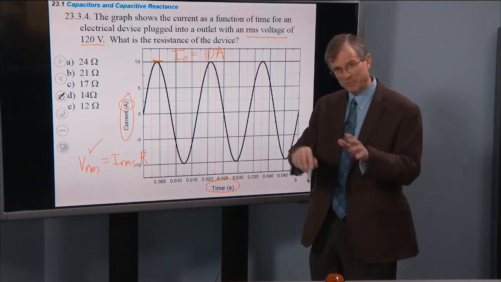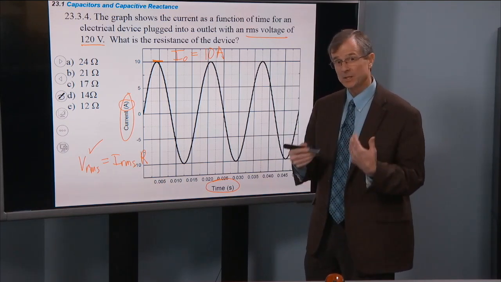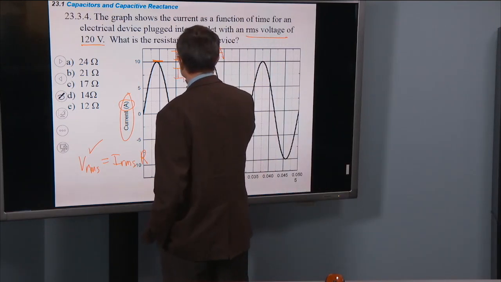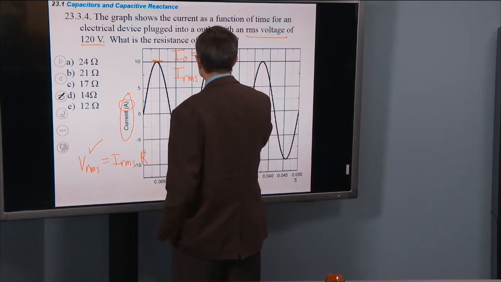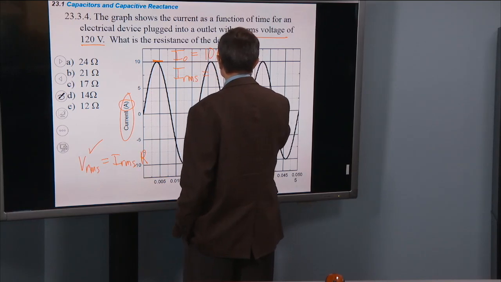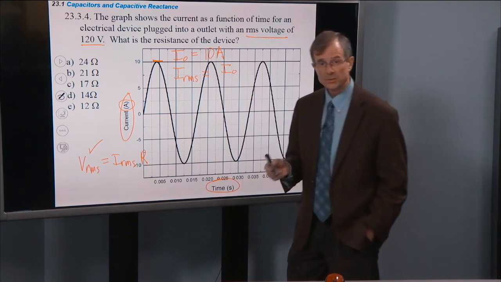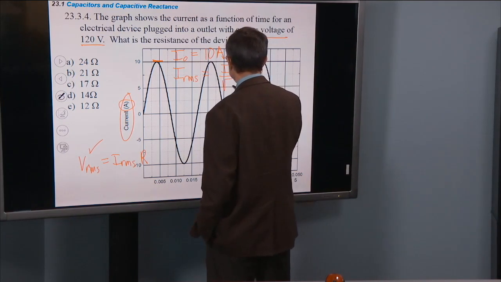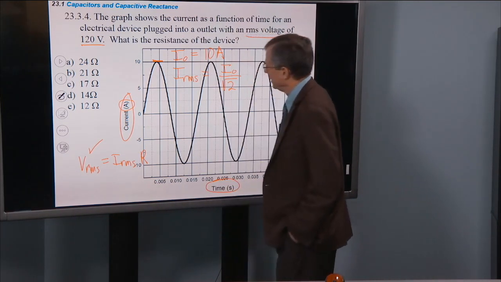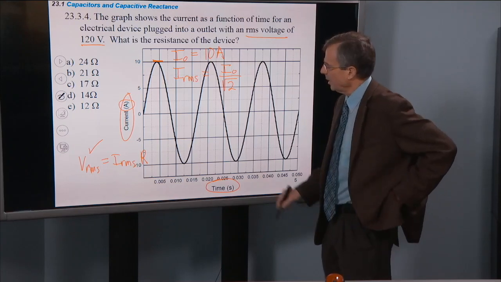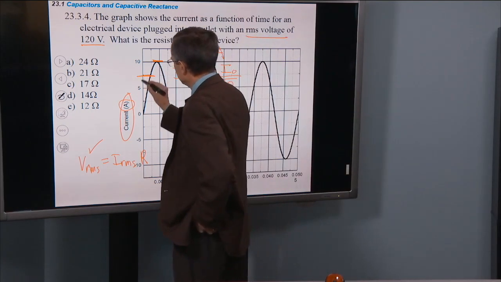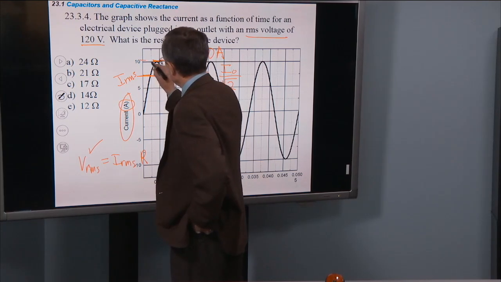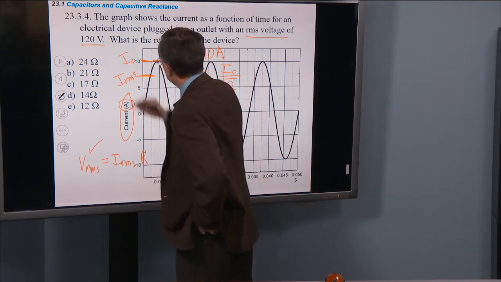And I hope that you remember from chapter 20 that we talked about how to get the RMS current from the peak current. How are they related? You say factor of the square root of 2. Divide by the square root of 2. All right. The RMS current will be less than the peak current.